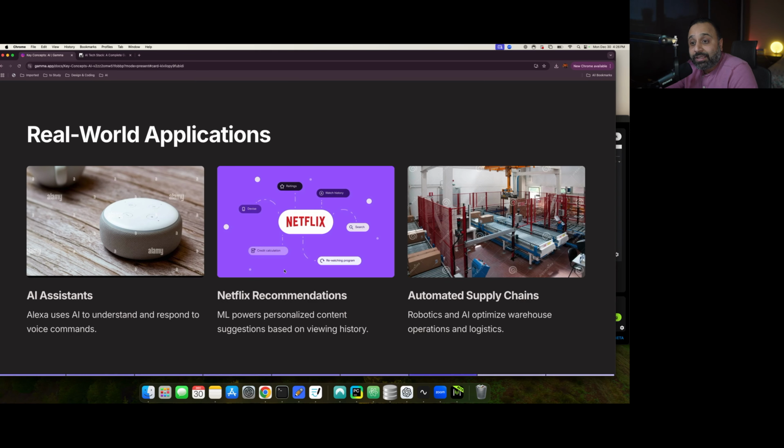Real world application, AI assistants, and you have known them for a long time, right? AI assistants learn, they understand natural languages. So that's another part of this whole system, which is natural language recognition and natural language generation, right? Processing and generation, NLP and NLG.